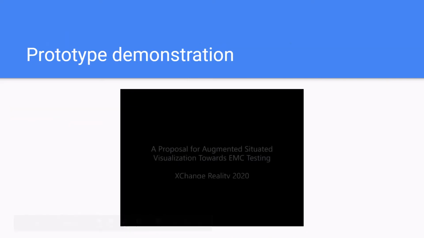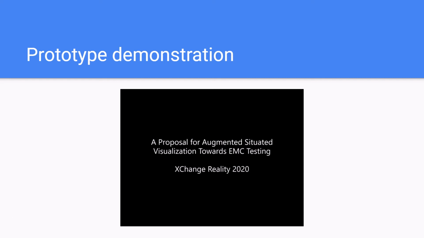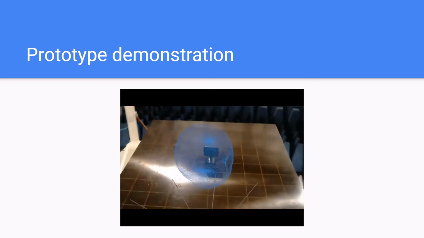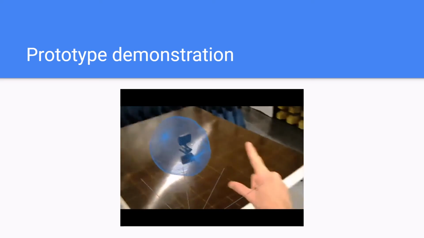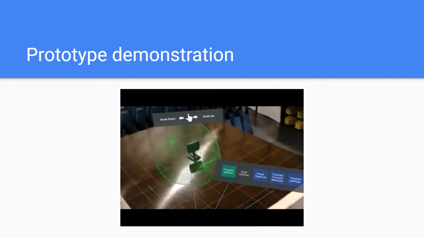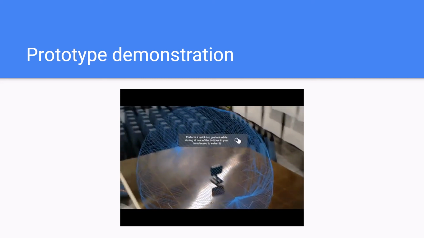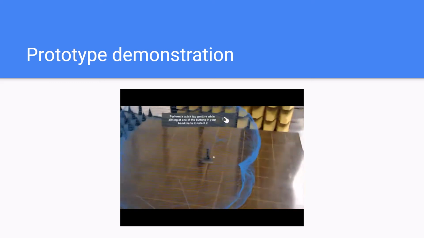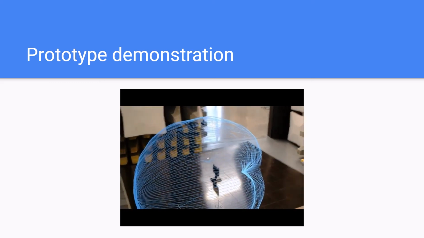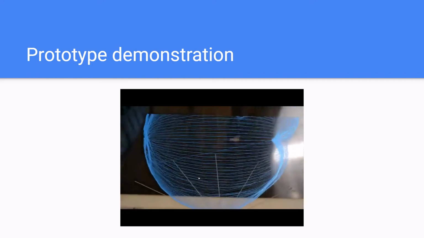So in this video here, we'll see a prototype of some of these concepts, including a preliminary interaction method using the user hands and a hand-guided virtual menu. Here the user is wearing a Microsoft HoloLens to see the virtual data, which also scans the real chamber environment into a virtual mesh.